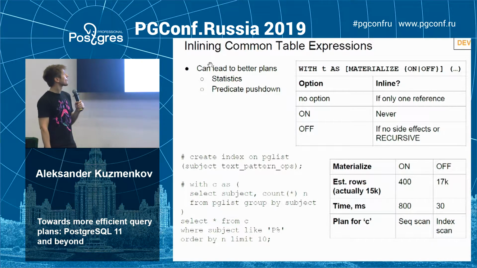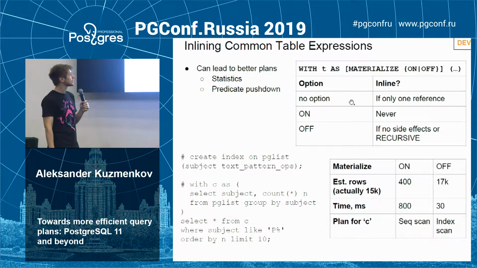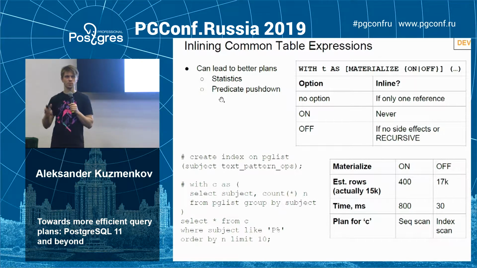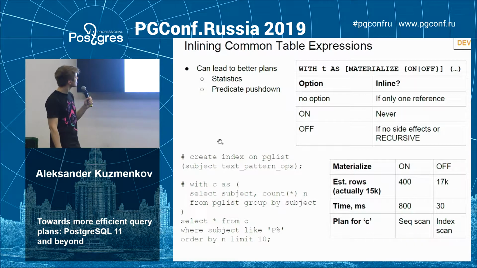A very interesting patch that will be committed in version 12. It's about inlining of common table expressions. It's all about complex queries when you would like to structure some logic and read it somehow. But in Postgres there is a very interesting thing that all CTEs are a barrier for optimization, because they don't go to the main query and are calculated separately, and it's not always good.